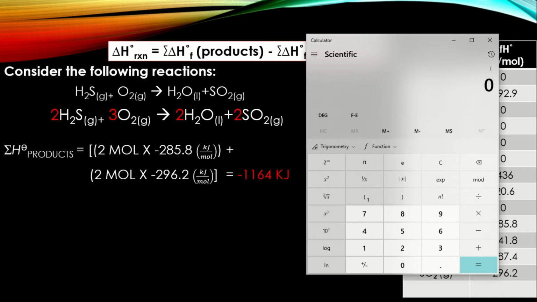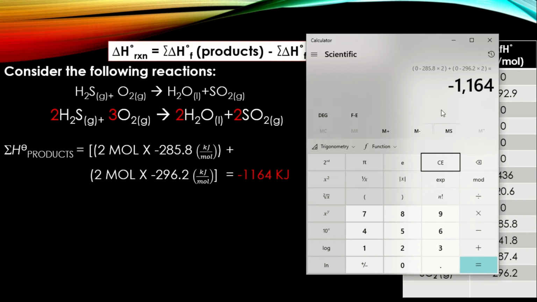Kagaya ng kanina, unahin ko muna yung ating mga may negative kasi medyo hindi scientific yung ating scientific calculator. So negative 285.8 times 2 plus the other substance. Yung una yung may negative, negative 296.2 times 2.